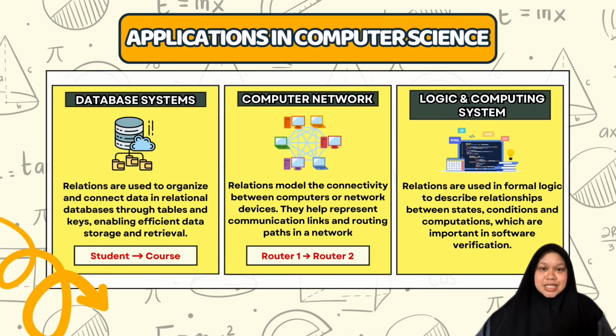The third application is logic and computing systems. Relations describe relationships between different states, conditions, and computations. This is important in software verification to ensure the computer system functions correctly and reliably. These examples show that relations are not only theoretical concepts but also practical tools used in modern computing.